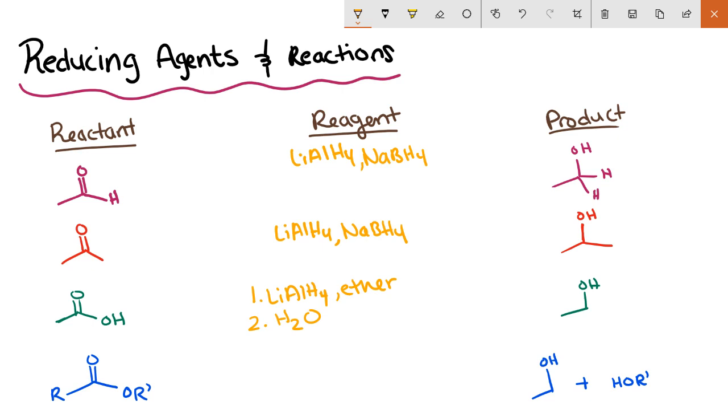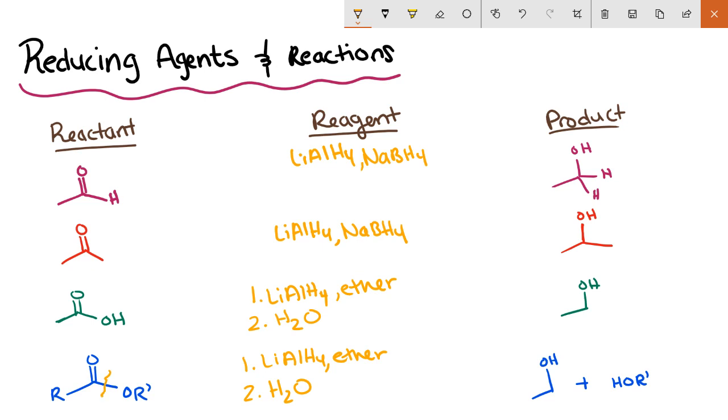And we're able to do this by using the reagents LiAlH4 and ether, followed up by H2O. Both of these reagents will give us 2 primary alcohols.